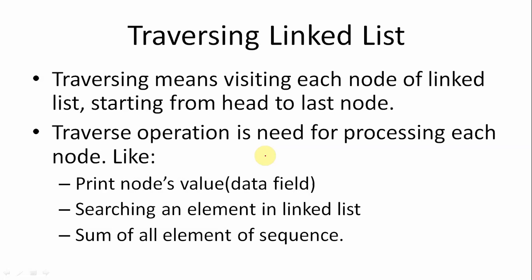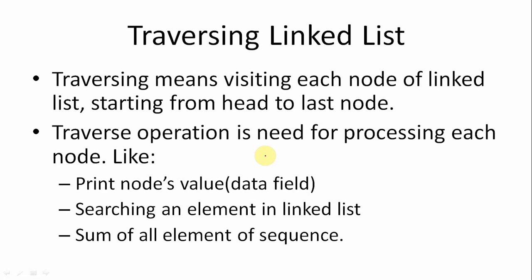So how to traverse? As we all know, a linked list is known by its head reference. Okay, so the head reference is the most important reference in the linked list. We are only aware of the head reference. So we will assign the head reference to a temp reference for traversing. Why? Because we do not want to corrupt the head.